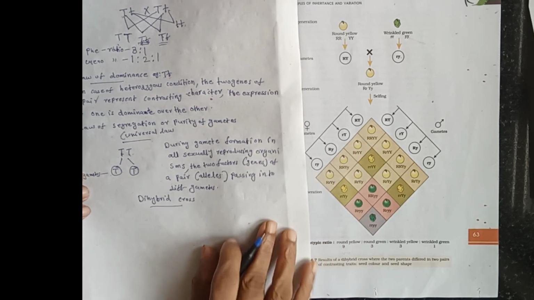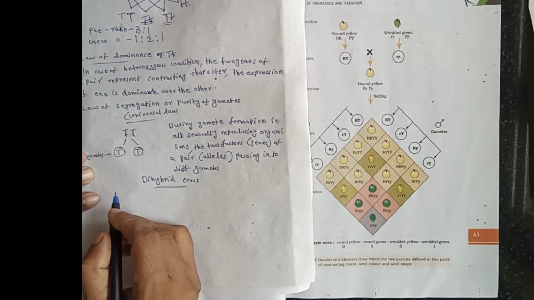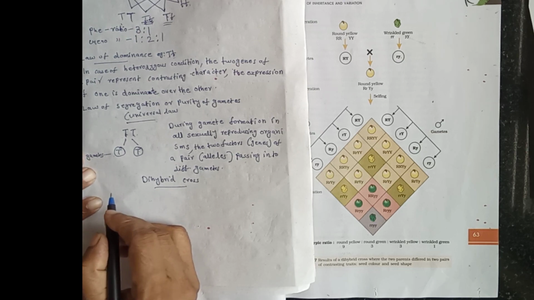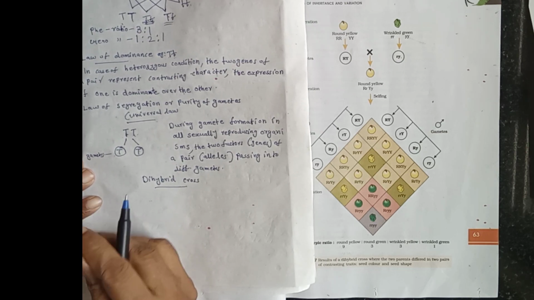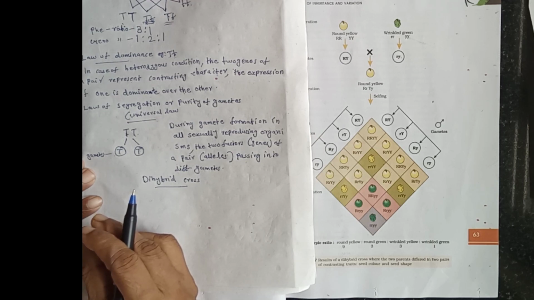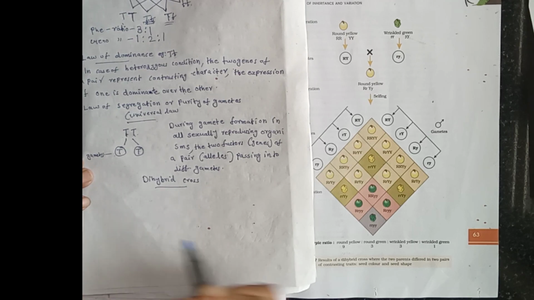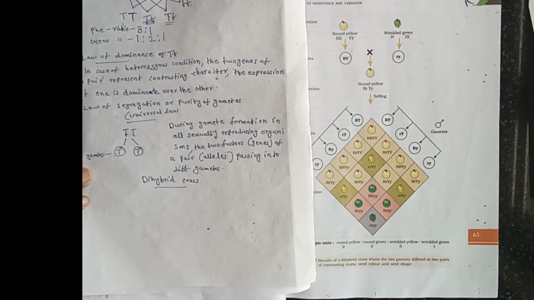Here we take a round yellow seeded plant, the seed shape is round and the color yellow, crossed with a green wrinkled seeded plant.